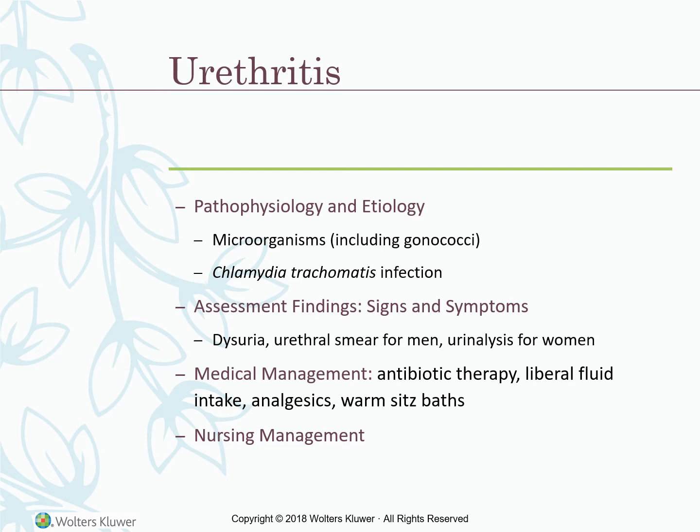Medical management includes appropriate antibiotic therapy, liberal fluid intake, analgesics, warm sitz baths, and improvement of the client's resistance to infection by a good diet and plenty of rest. If urethritis is owing to an STI, it is treated with appropriate antibiotic therapy. Failure to seek treatment for gonococcal urethritis may result in a urethral stricture in men.